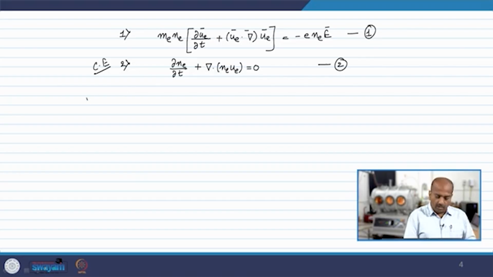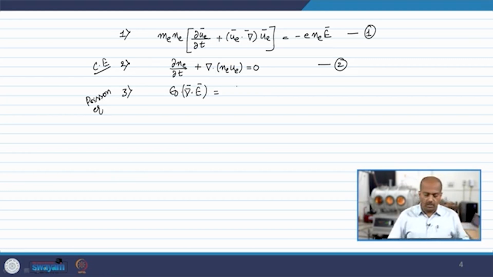And then we need the Poisson equation, which says epsilon naught times del dot E should be equal to the charge density. We write the charge density as e times (n_i minus n_e).